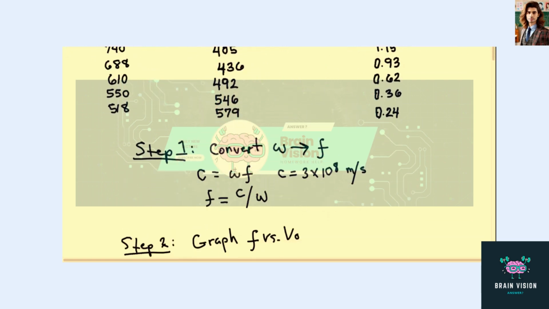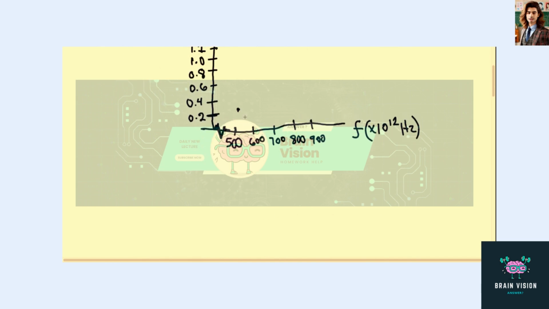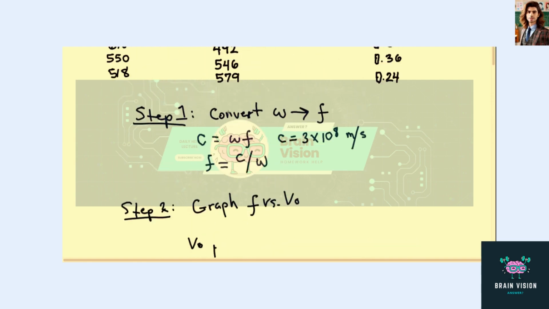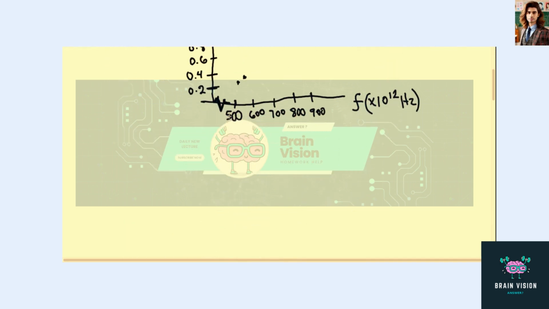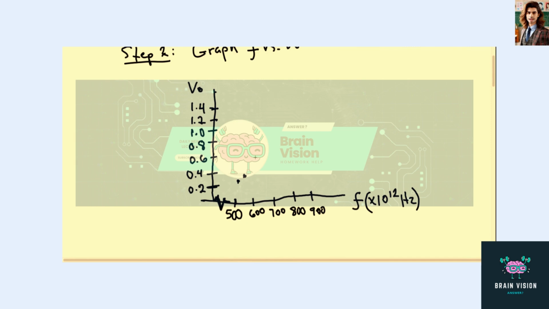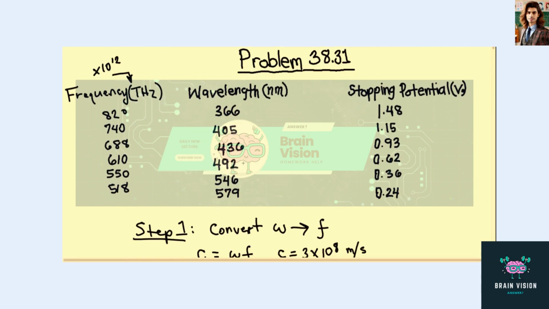Next is 550 and 0.36. Okay, we have 610 and 0.62. And I'll just go ahead and plot the rest.